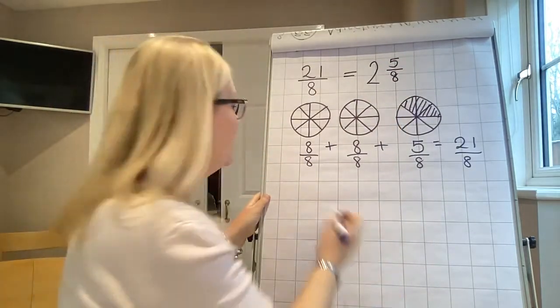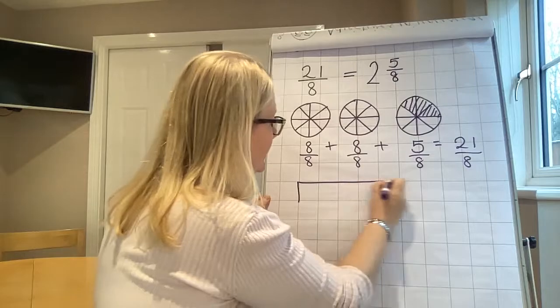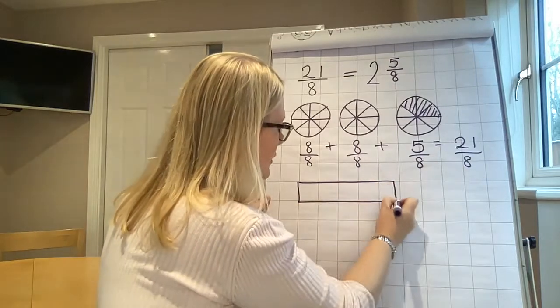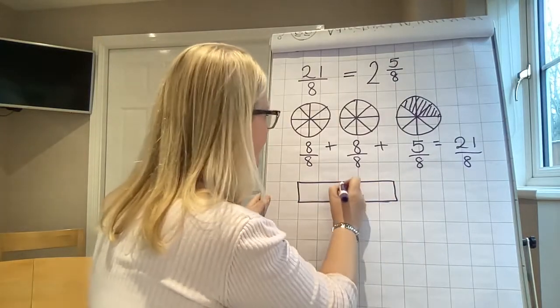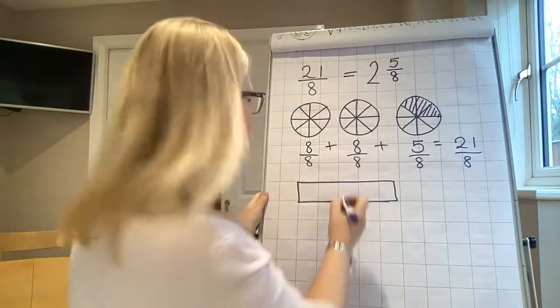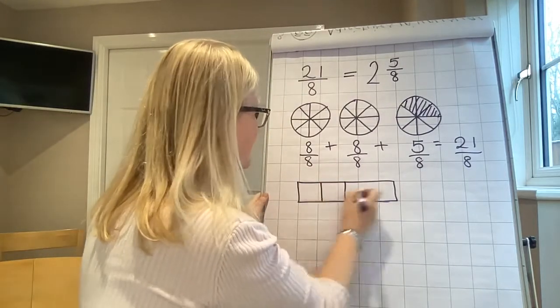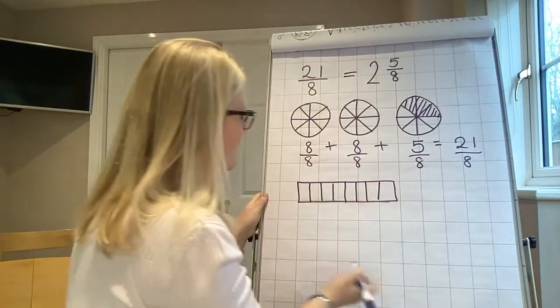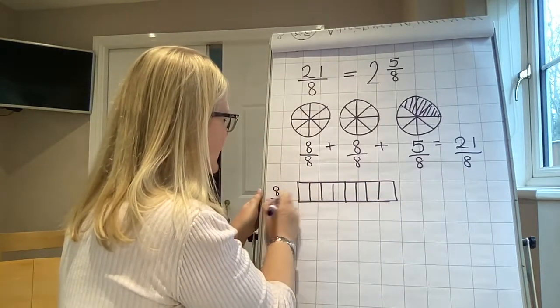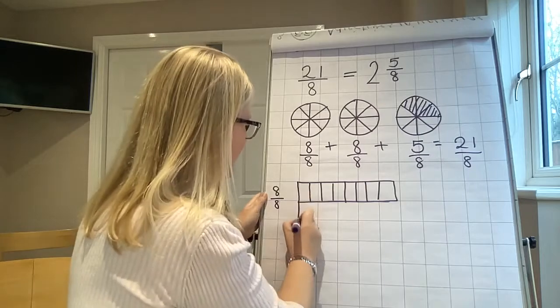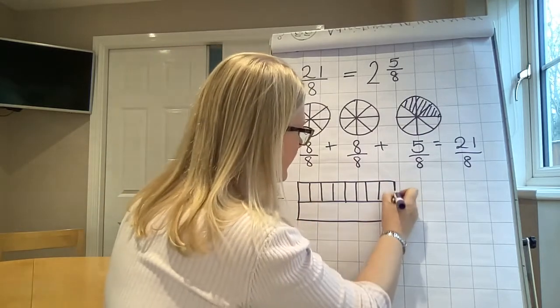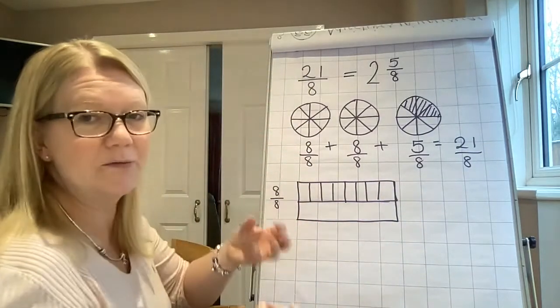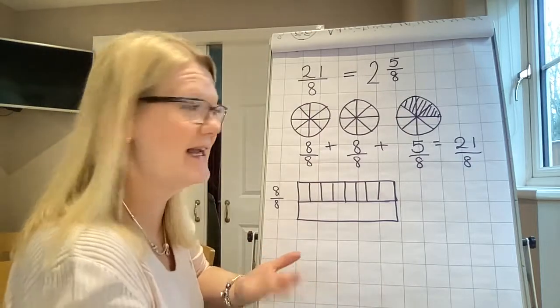I could have done it the same using bar models. So there's 1. I didn't draw that on the lines, that wasn't very clever, so I've got 8 eighths there, and I'm going to keep them close together. Now, if you're modelling wholes, each of your wholes must be the same size.